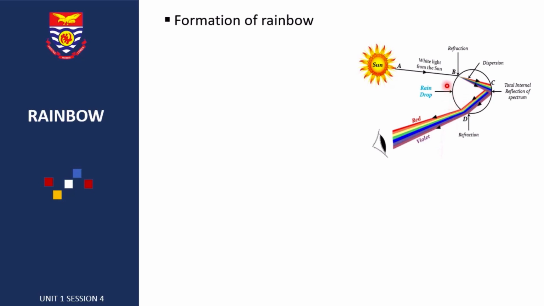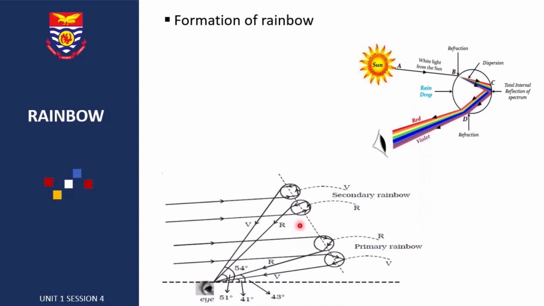And because we also have these separated colors not escaping from the raindrop, but reflected inside before coming out, total internal reflection occurs. And I hope you still remember the phenomenon that I explained earlier about total internal reflection. So this is actually only one drop of water that is causing this. So look at what is actually happening here.